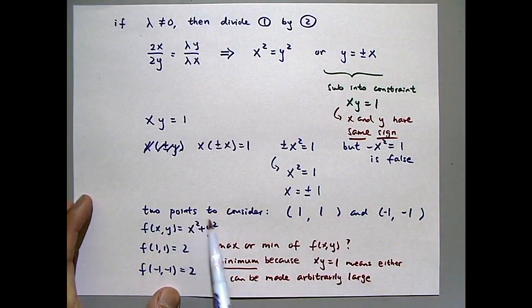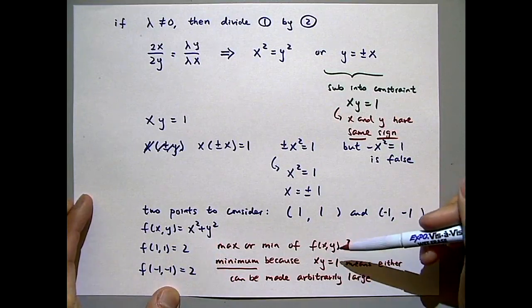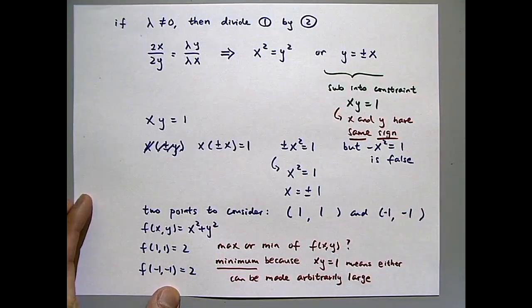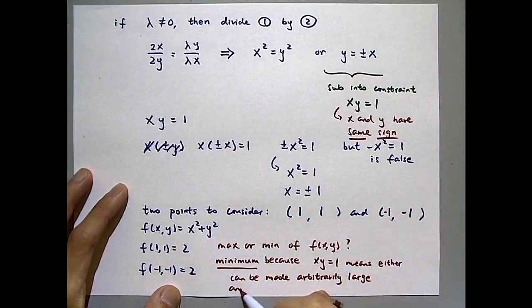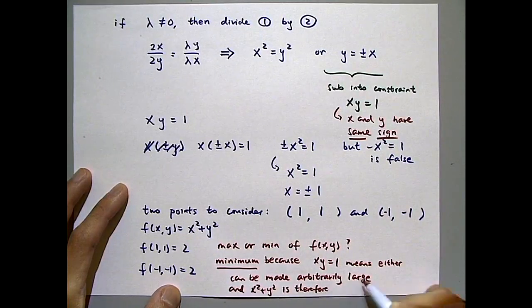And if either of these is 1 billion, then this is going to be a huge number. See that? And I can make x 10 billion if I want, then y has to be 1 over 10 billion, and that just makes this really, really big. And x squared plus y squared is therefore very large. Large without bound.